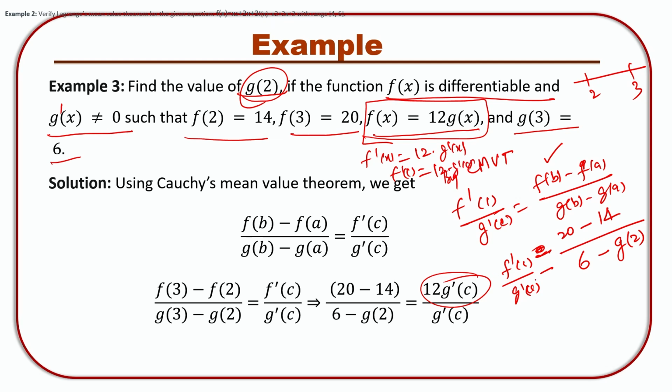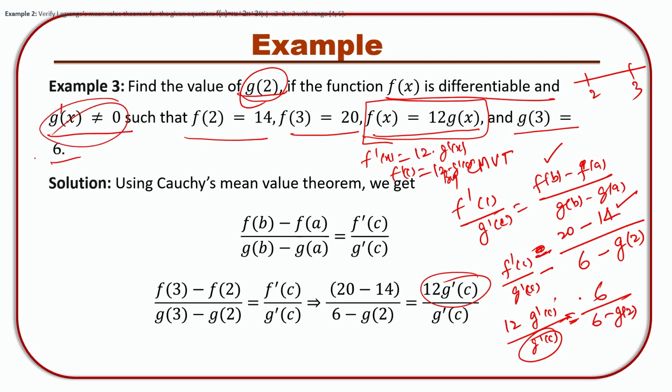So I can write this as 12 g dash of c divided by g dash of c is equal to the same number, 20 minus 14, which is 6, divided by 6 minus g of 2. And since g dash of c is not equal to 0 here, we can cancel it out and simplify the expression.